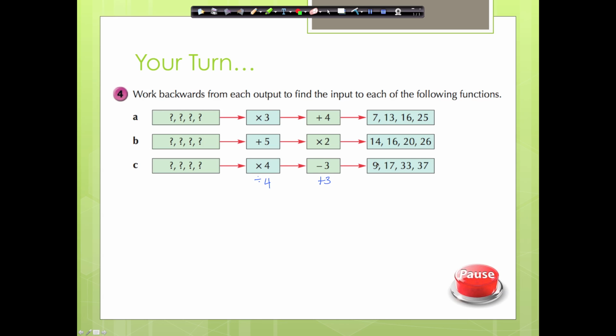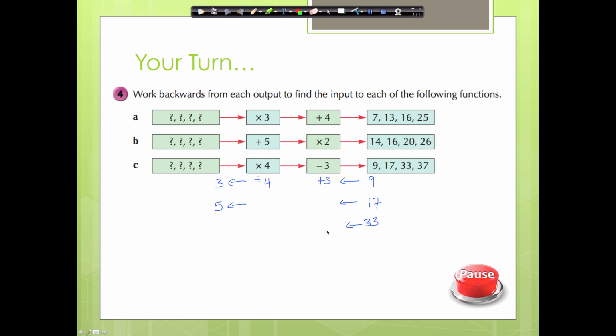So 9 add 3 gives me 12. Divide by 4 gives me 3. So I know that I get 9 and 3. 17. 17 plus 3 gives me 20. 20 divided by 4 gives me 5.